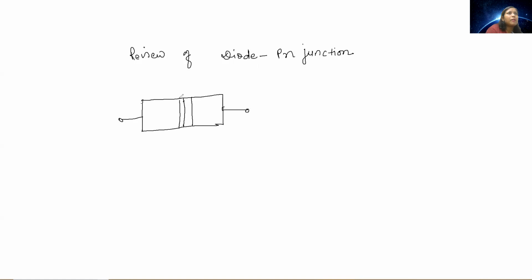So in a p-type semiconductor, as I just showed you, in a p-type crystal, there are a number of holes, which are positive charges, and for each hole there is a negative ion, and there are few minority charges as electrons. Similarly, in case of n-type semiconductor, we have free electrons.